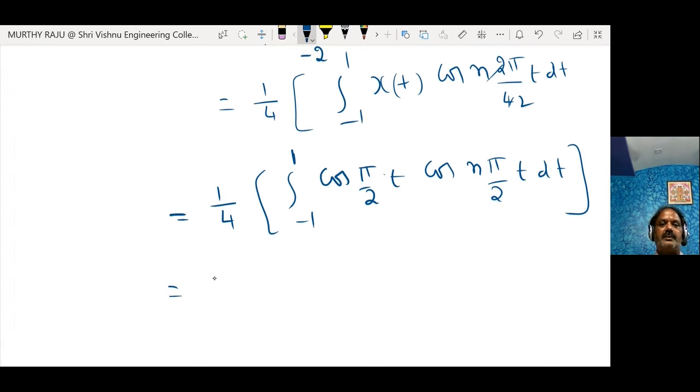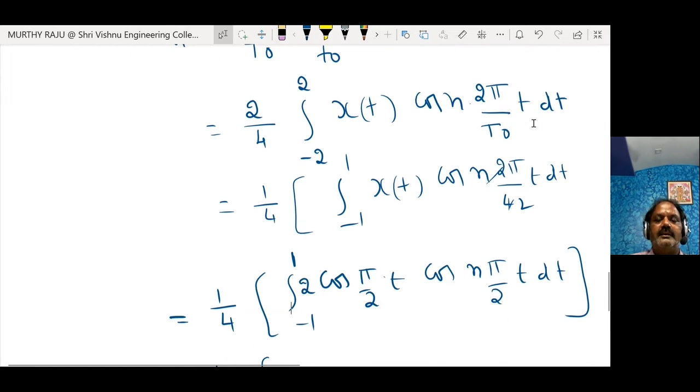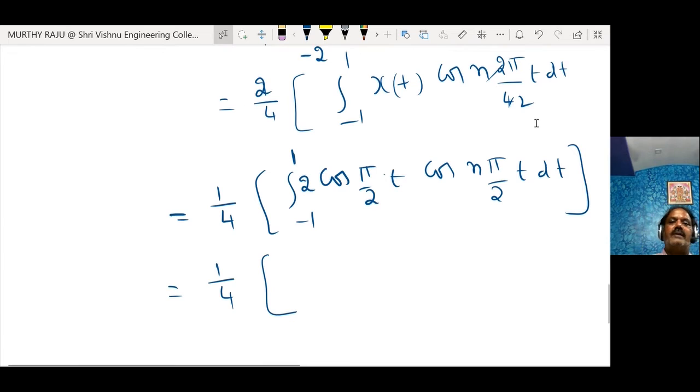That is equal to 1 by 4, multiply here by 2. That is 2 by T naught, that is 2 by 4, here 2 bring inside.